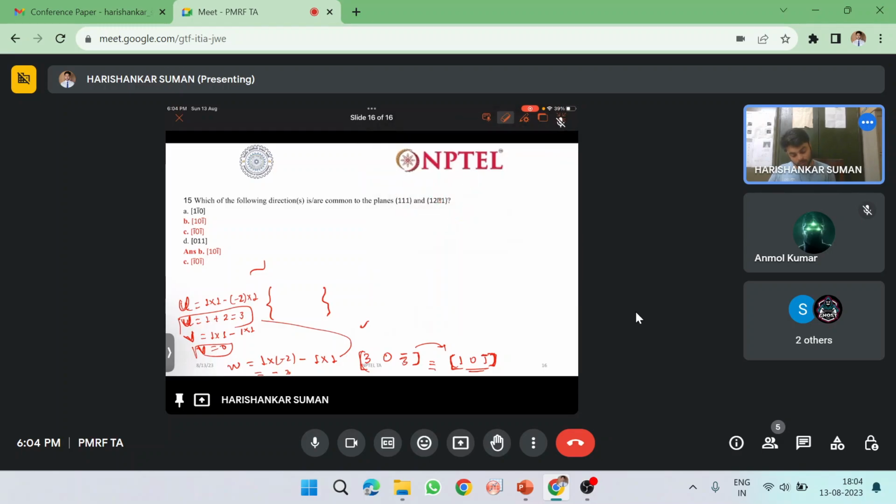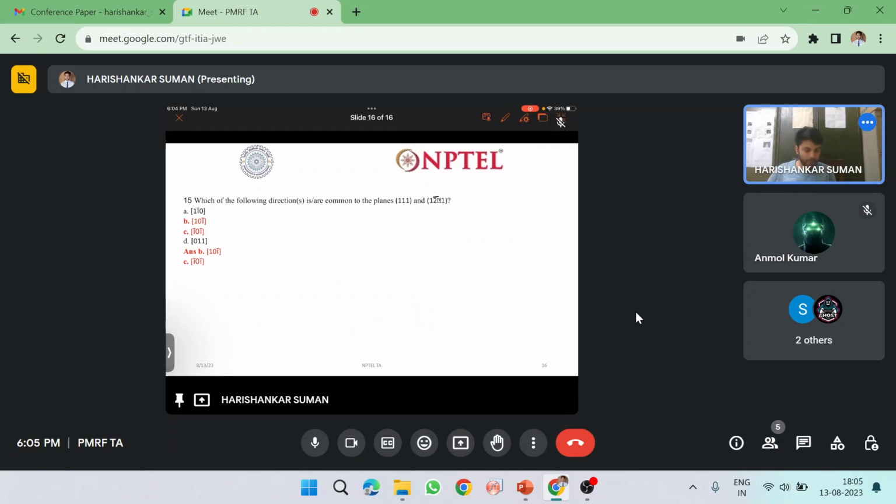Please draw these planes first. Let's see it graphically. Now, are you able to draw this plane? 1, 1, 1 and 1, minus 2 and 1.